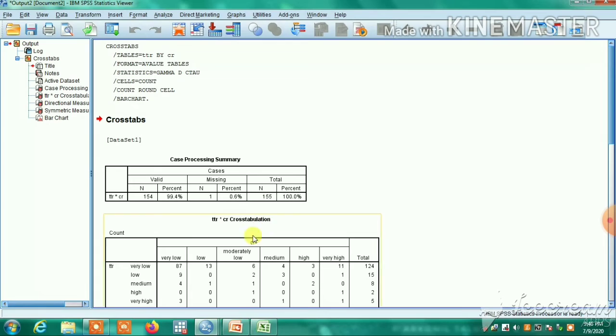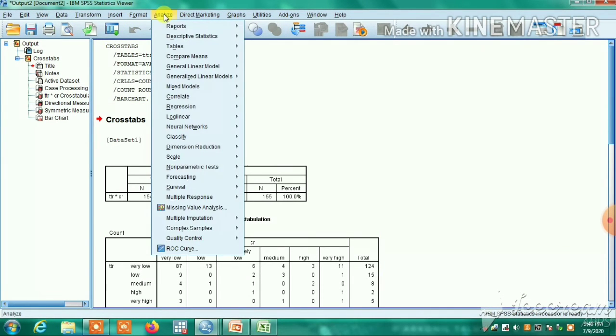Similarly, we can also show the degree of association between two other ordinal variables, that is the level of development with respect to HDI value and the number of COVID cases. That means, do the COVID cases depend on the level of development?